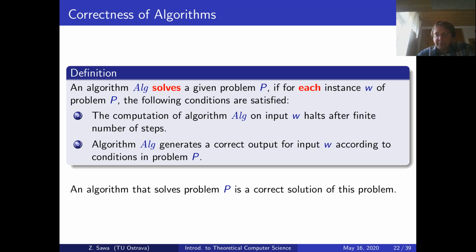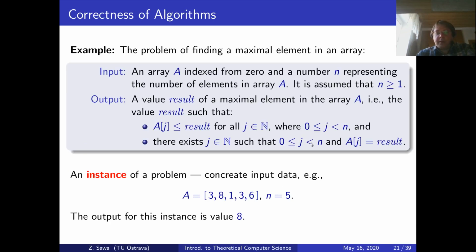It should be satisfied that this computation always halts after some finite number of steps, and the second condition is that the output generated for the given input w corresponds to the specification of the output in the problem P.